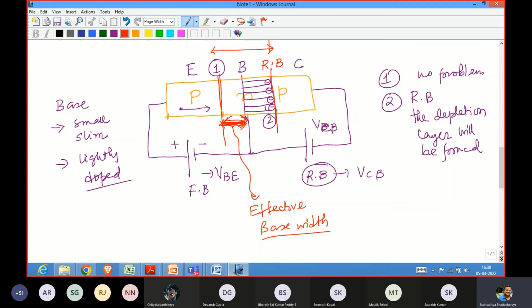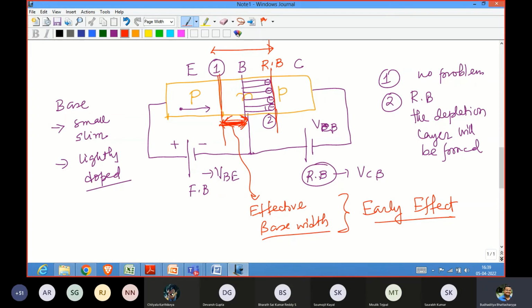This process of increasing reverse biasing voltage affecting the base width is ideally called the early effect. This is a very important and significant phenomenon that happens in a BJT. So when you go on increasing the reverse biasing voltage, your depletion layer will increase, and eventually it will reduce the base width. So this is called the early effect.